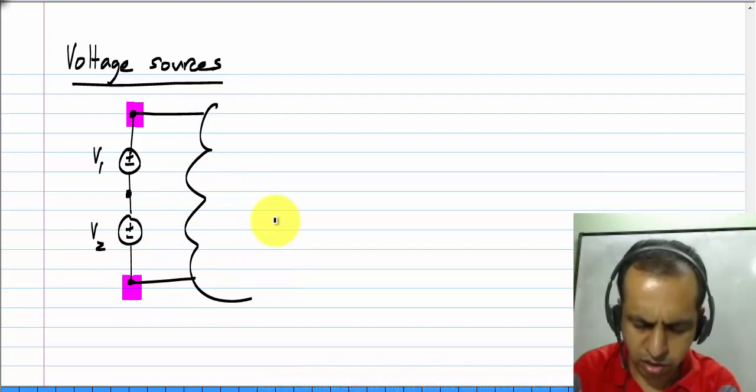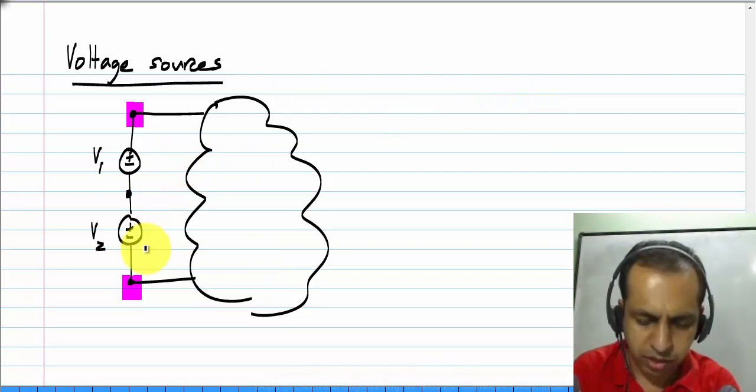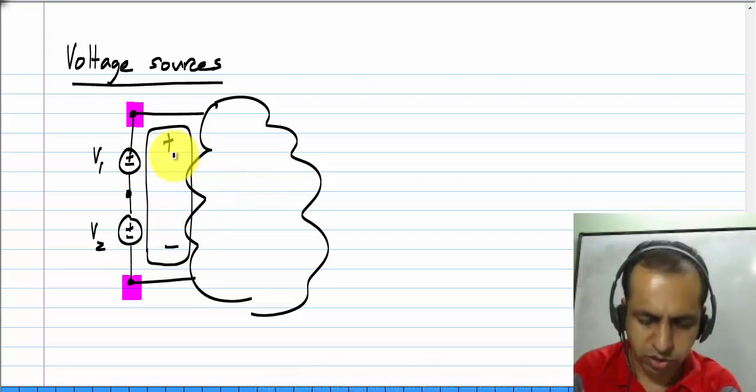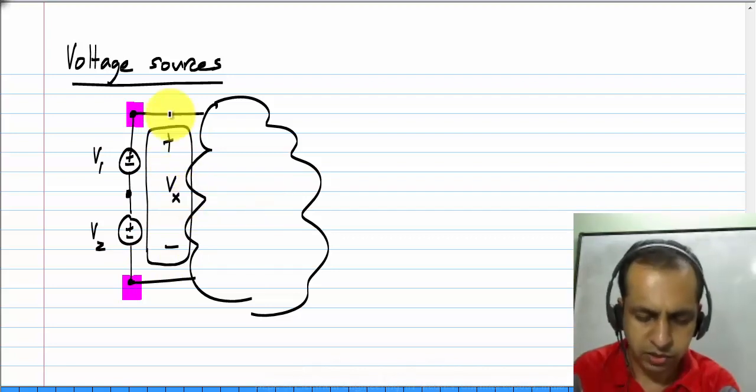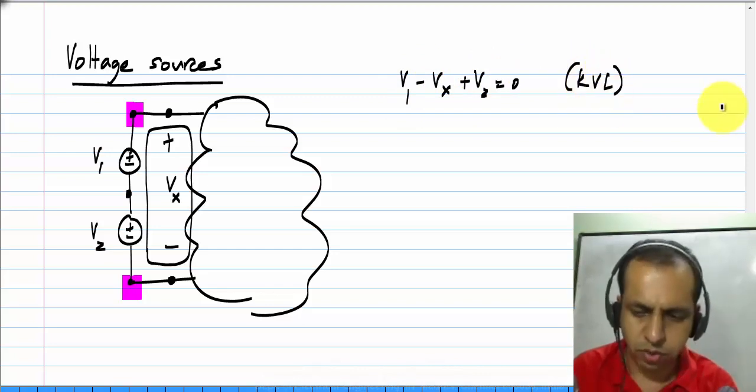Let's imagine that it's connected to something, it doesn't matter what it is, and by applying Kirchhoff's voltage law around this loop, so if we call this Vx between the upper terminal and the lowermost terminal, we'll clearly see that V1 minus Vx plus V2 equals 0 because of Kirchhoff's voltage law.